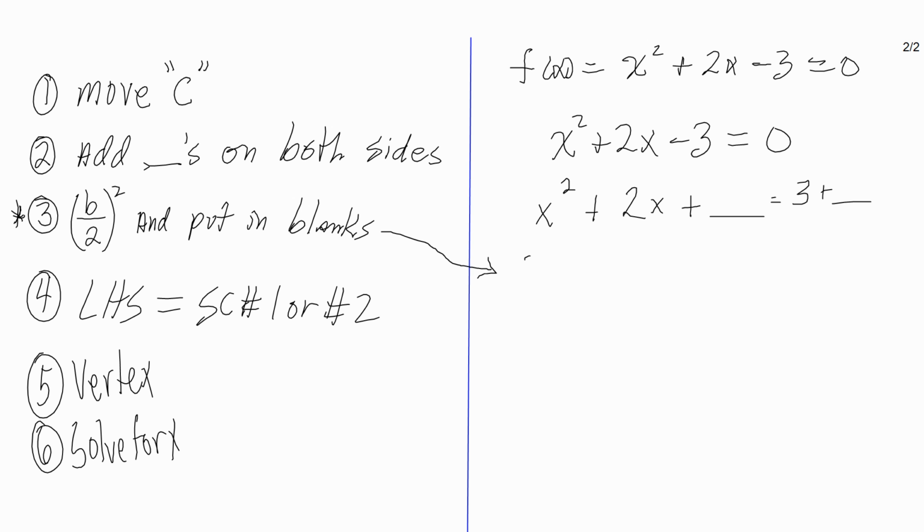So 2 divided by 2, and what I do with 2 divided by 2 is square it, right? Which will give you 1 squared, which is what? 1. And I take that 1 and I put it right here, and I put it right here.